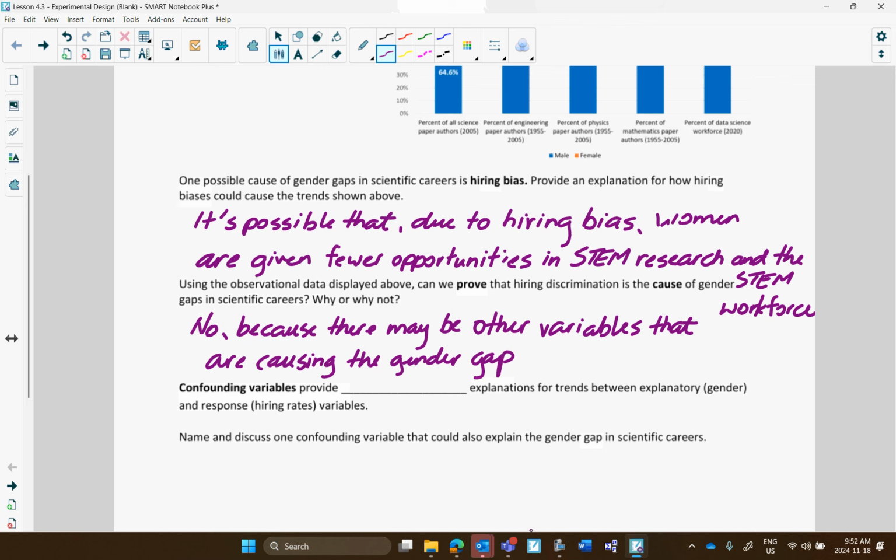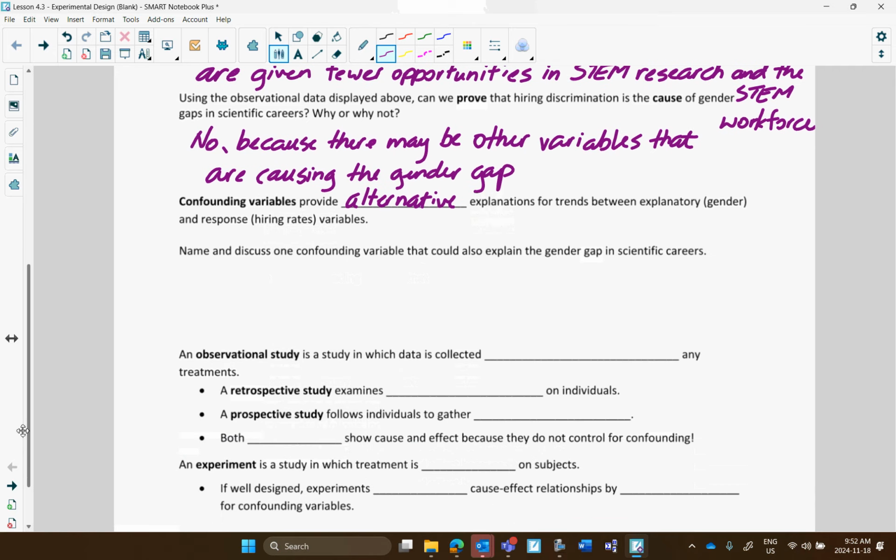Because of those other variables, we refer to them as confounding variables, which provide alternative explanations for the trends between the explanatory variable, gender, and the response, hiring rates. Can you think of one? What could be another factor that might create the gender gap?